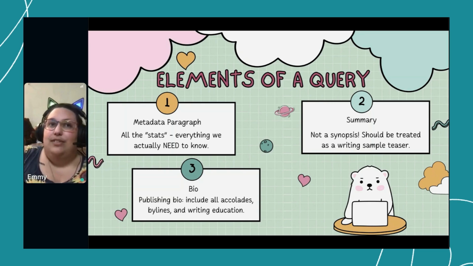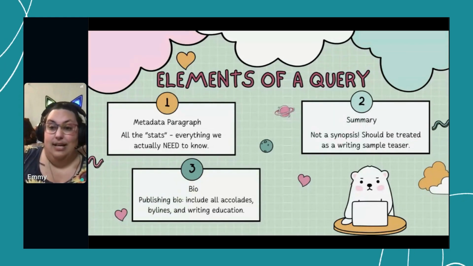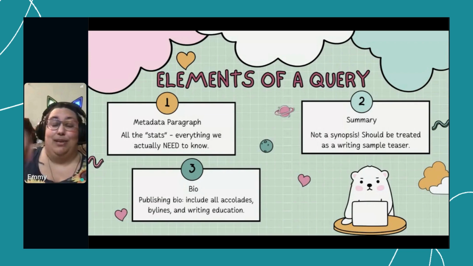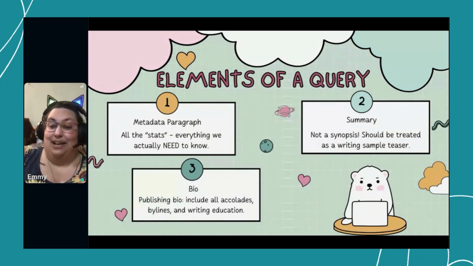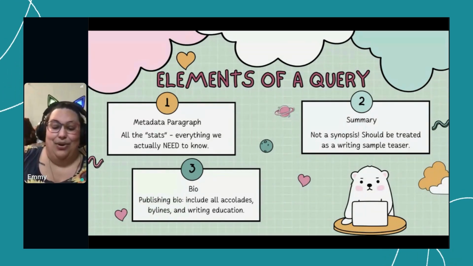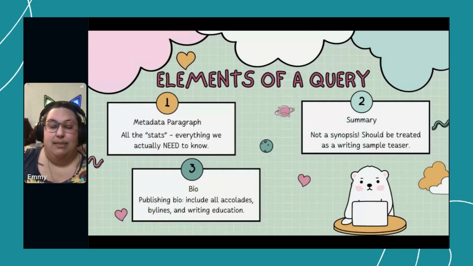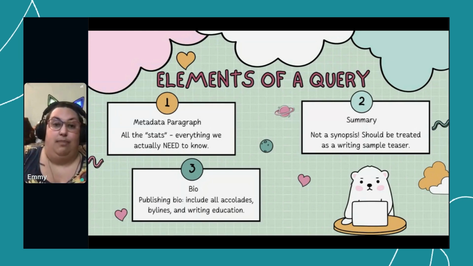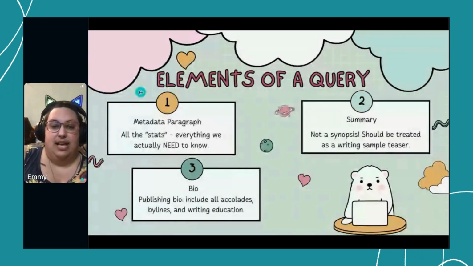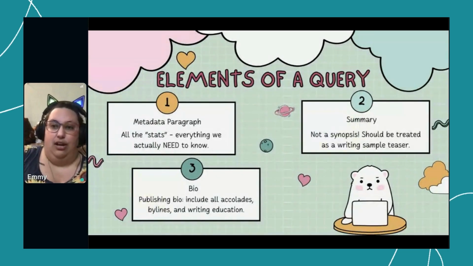If 15 of those are really difficult to parse through and understand, those are the ones I'm likely going to read last, because it takes so much time to get through that stack of emails every single week. If you can make your metadata paragraph clear, crisp, clean, that will ensure that you get to the top of that pile. I'll talk in the next slide about what actually needs to go in there in detail.